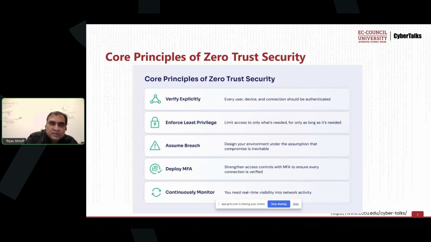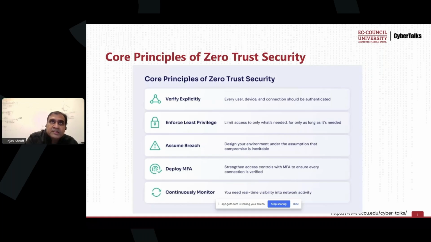Another big thing which we always talk about in the world of zero trust security is you have to assume breach. You have to assume that you have been compromised or compromise is going to happen, and you design your environment so that if the compromise happens or when the compromise happens, you're prepared for it.